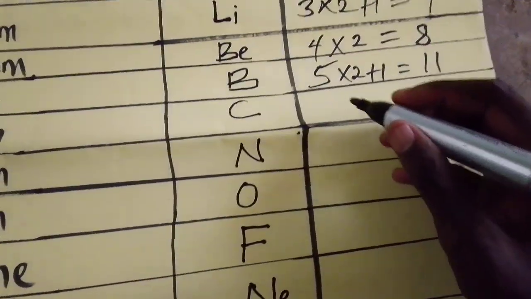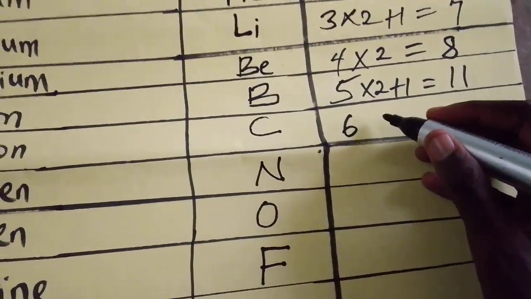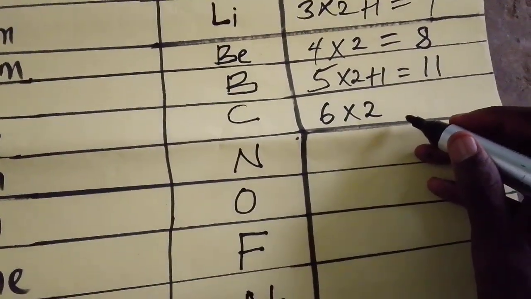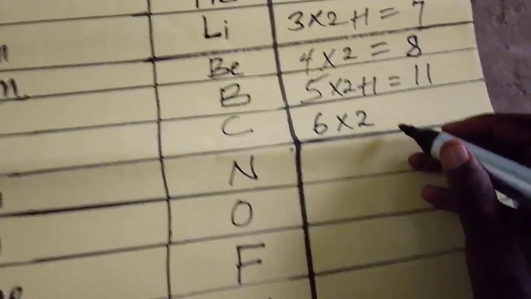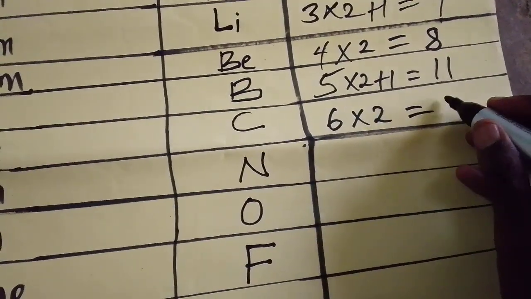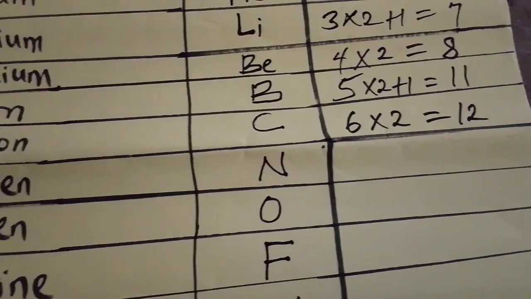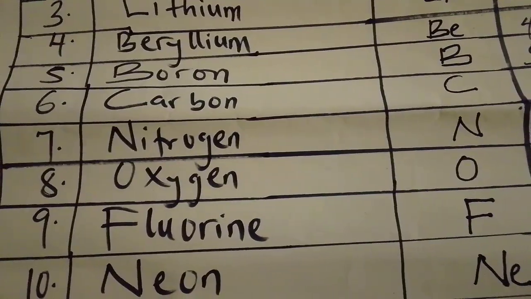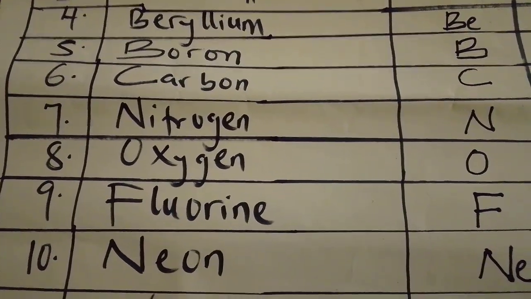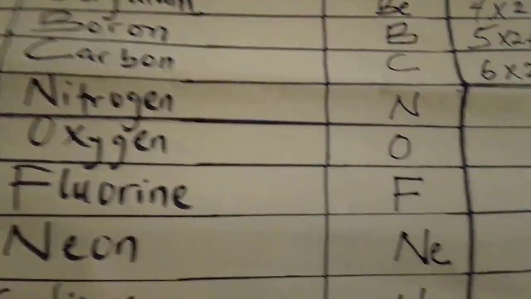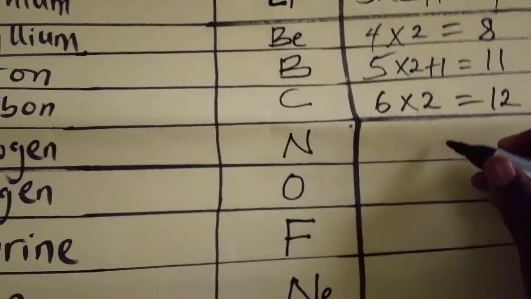Since 6 is an even number, we just multiply by 2, and it is equal to 12. So this is the mass number for carbon. Then nitrogen, I told you that nitrogen has an exceptional case, so its mass number is written as 14.